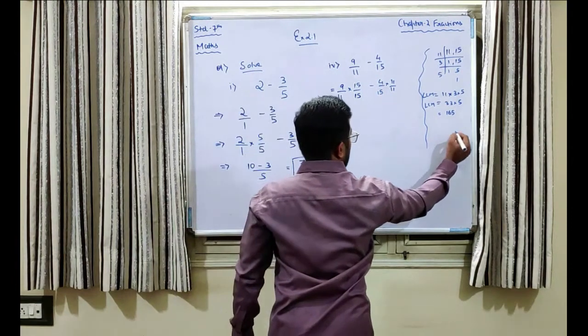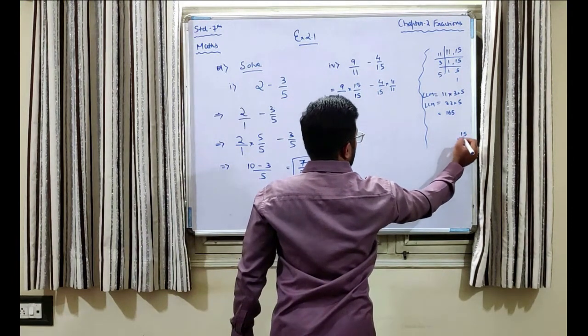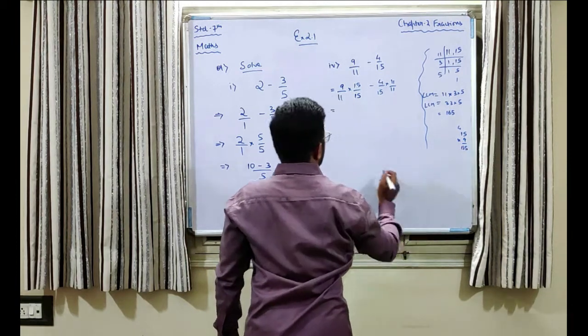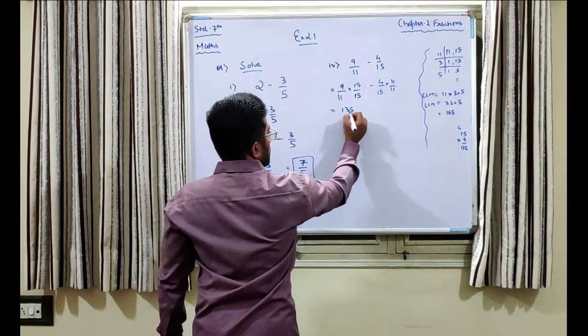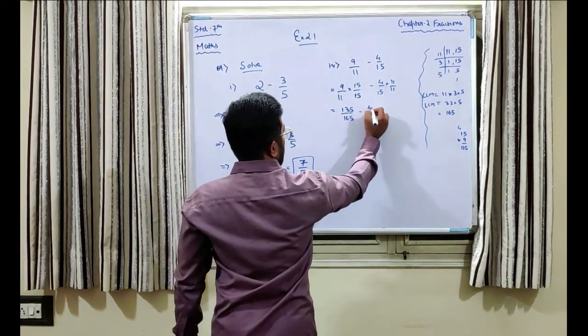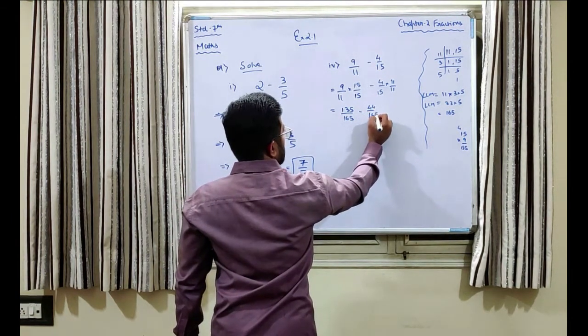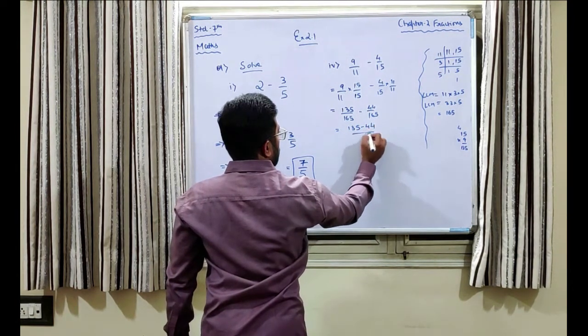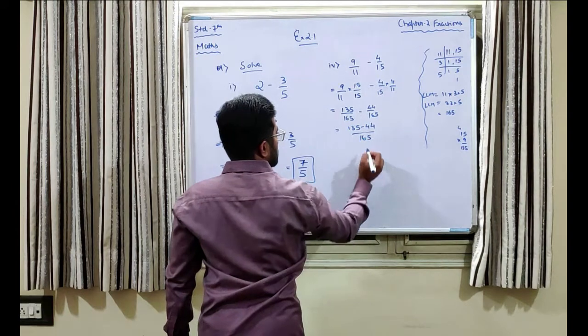So 15 into 9, let us do the rough work. 9 5s are 45, 9 1s are 9 and plus 4, that is 135. So 135 upon 165 minus 44 upon 165, that is 135 minus 44 upon 165.